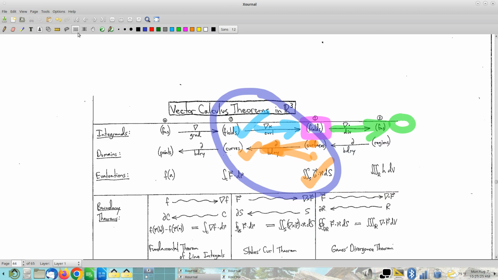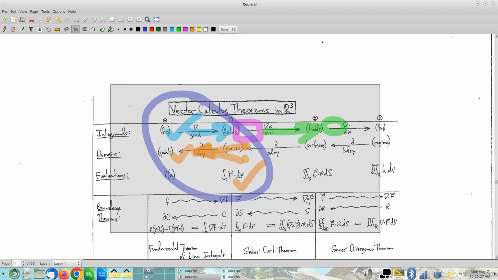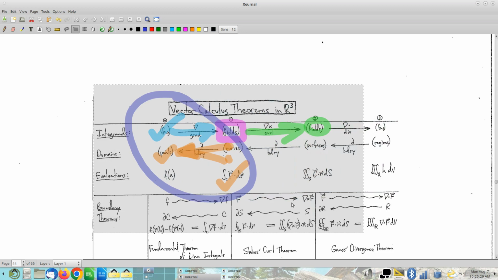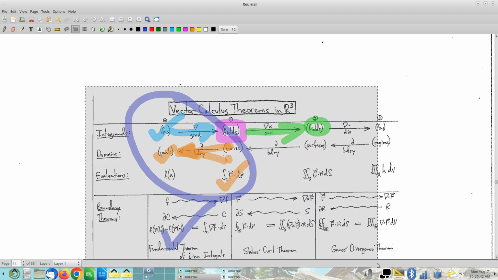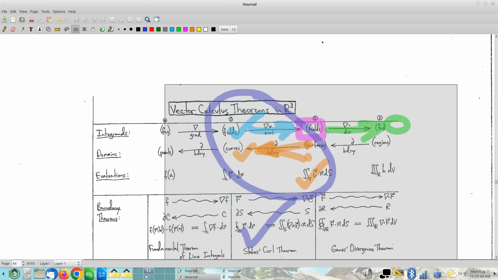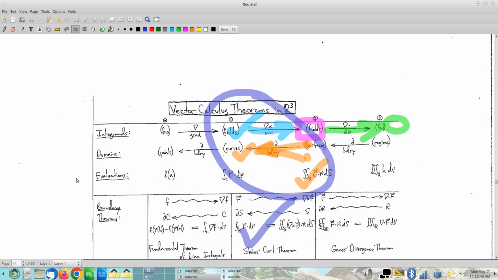Well, when we were talking about path independence, perhaps you'll have an easier time remembering that the fundamental theorem of line integrals made that argument for you. Once you remember that, then you can say, okay, now back to this context, how would I make a connection between curl and surface independence?